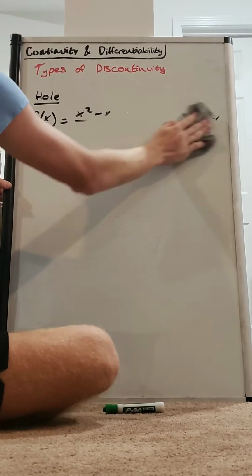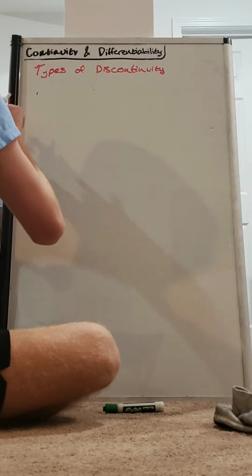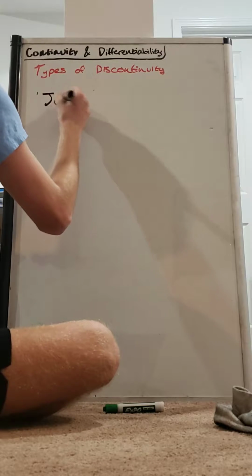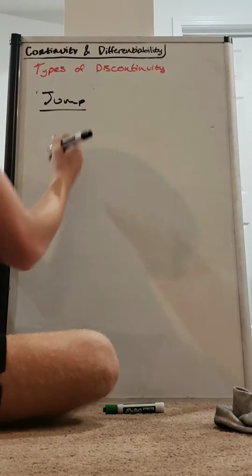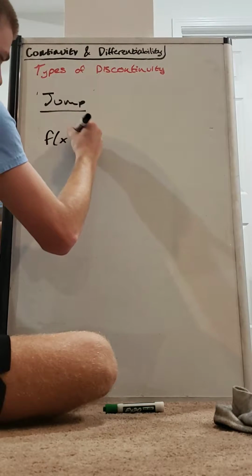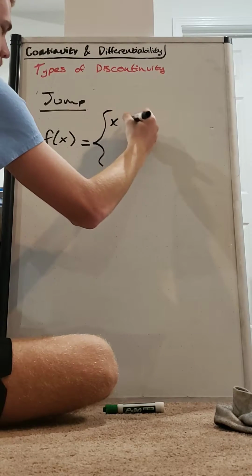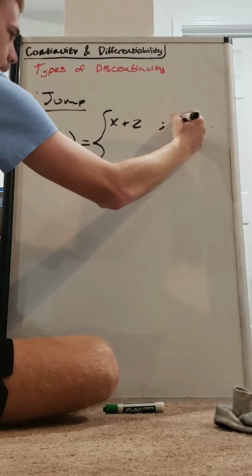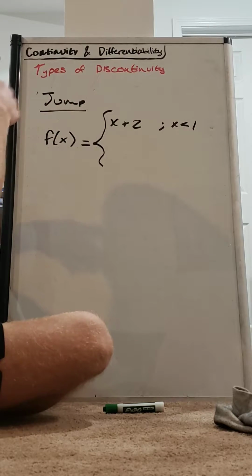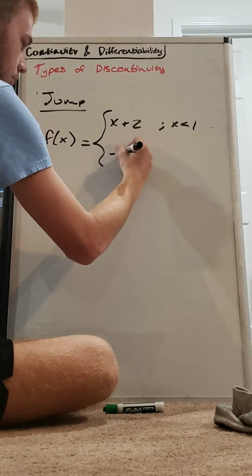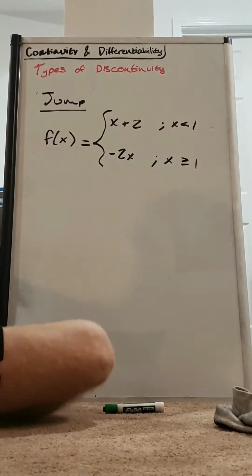And the second type of discontinuity we'll look at is called a jump discontinuity. Jump. Now this only happens with piecewise functions. Remember when we had like f of x equals and then something like this, where it'd be like x plus 2 if x is less than 1, and then if it's, we'll say, negative 2x if x is greater than or equal to 1.